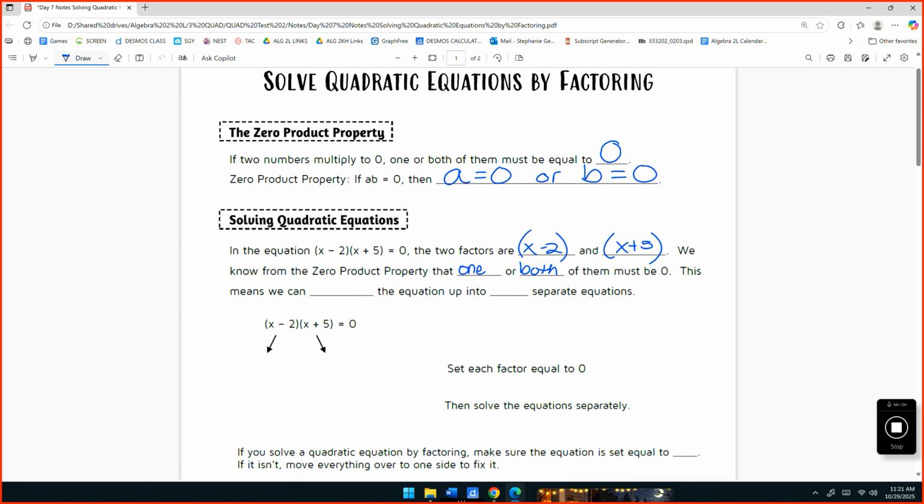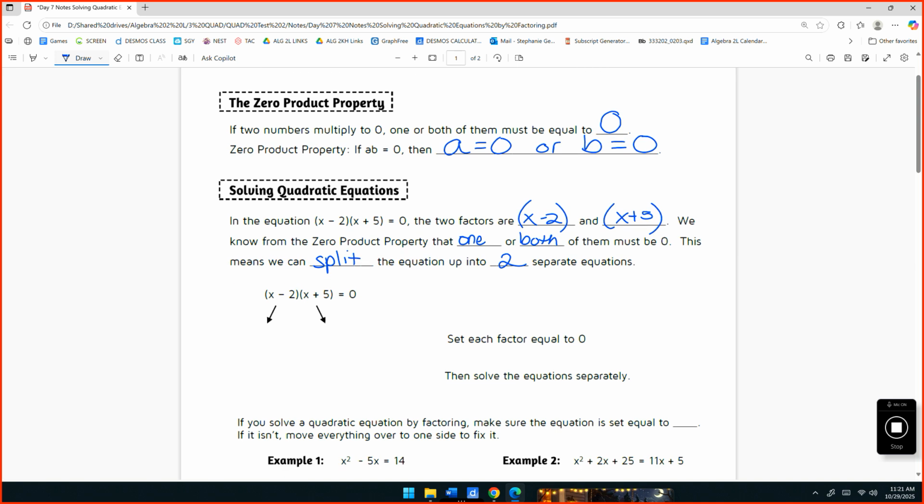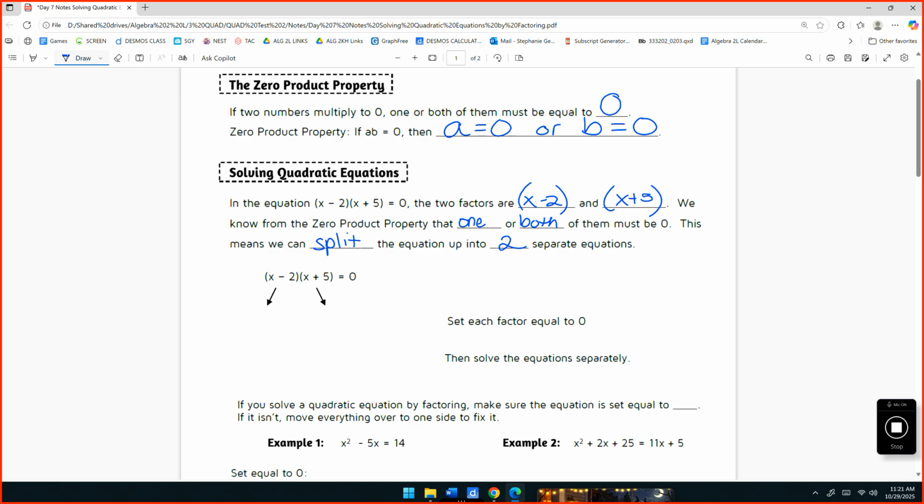This means we can split the equation up into two separate equations. Okay? So right here is a little diagram showing what we mean, and off to the side it tells us what to do. If I have two factors multiplied equals 0, I'm going to set each factor equal to 0.